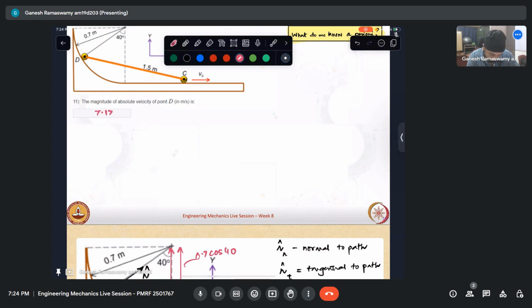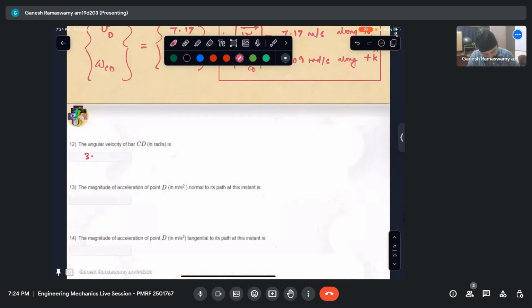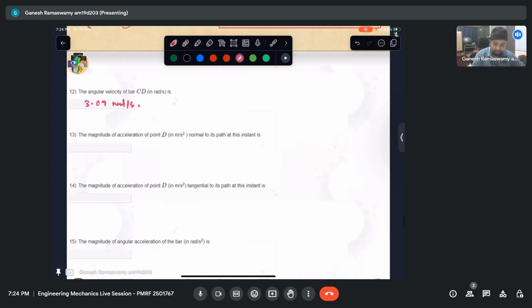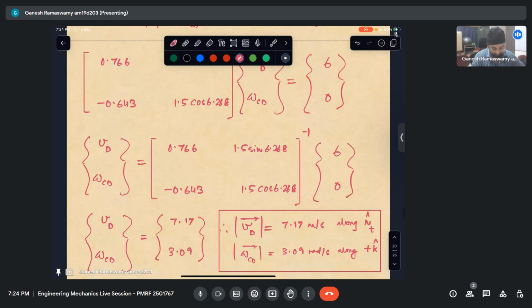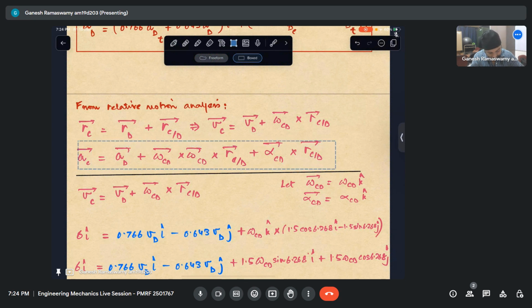And this is 3.09 radians per second. Now the acceleration is asked. So same drill we have to do, but with acceleration vector now. So we can clearly see that it will be a little more involved because there are more number of terms.